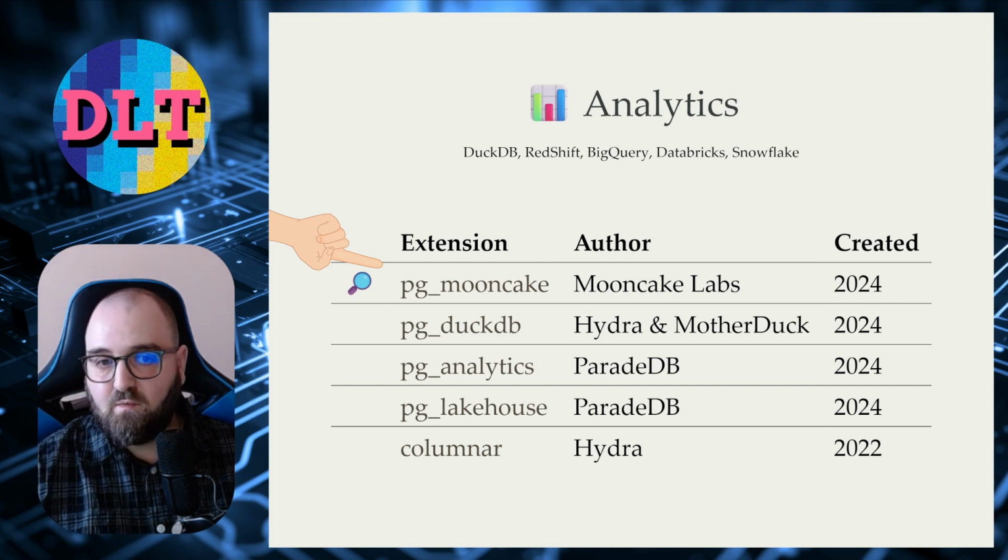PG Mooncake lets you write into Delta Lake, which is something that DuckDB doesn't allow you to do yet, although it does allow you to read from both Apache Iceberg and Delta Lake. I think they are still working to support writing into those formats.